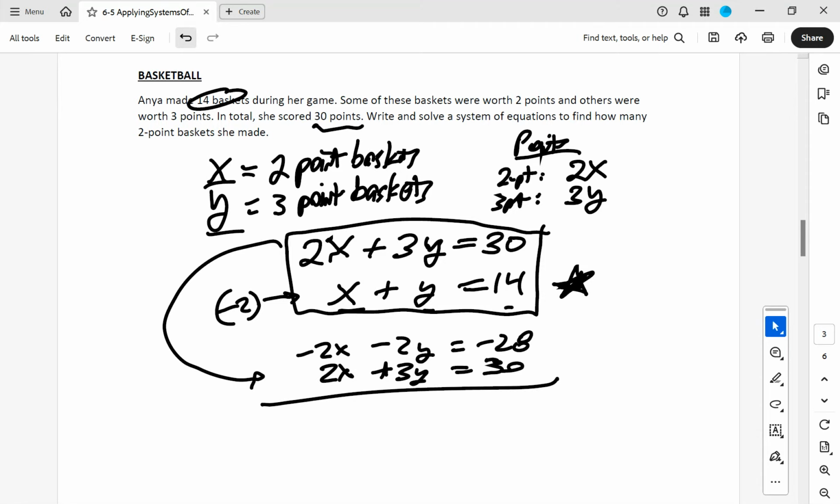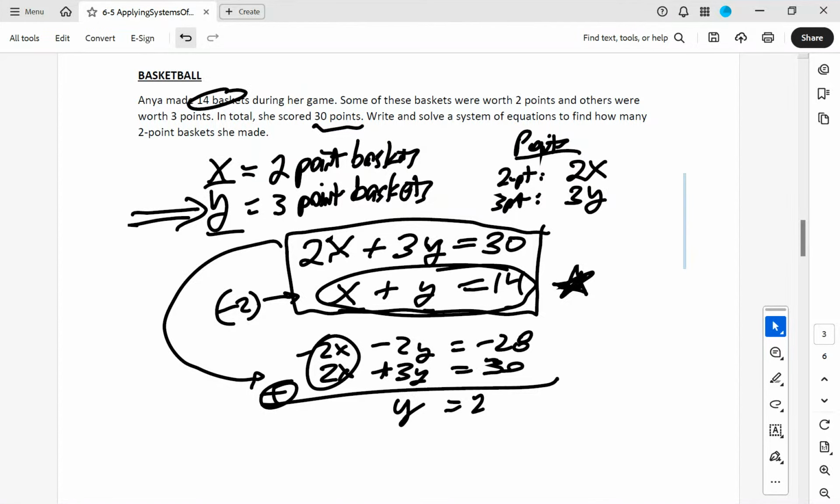And now I can add the two equations instead of subtracting. And the x terms go away. Negative 2y plus 3y is just 1y. And 30 take away 28 is 2. Y is equal to 2. And y was the 3-point baskets. So if I want to know how many 2-point baskets, I'd use this equation.